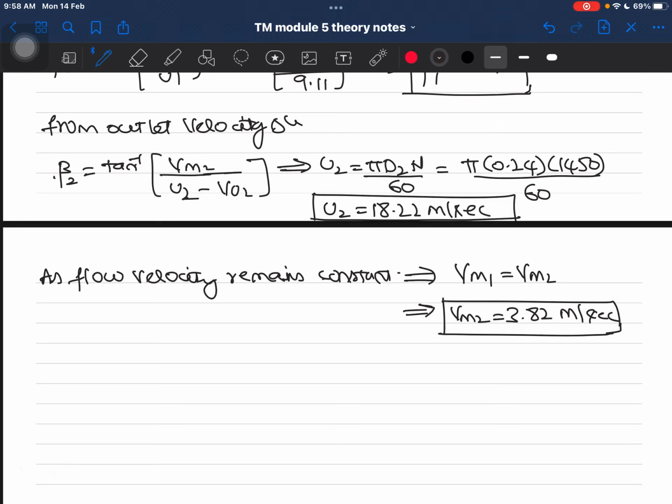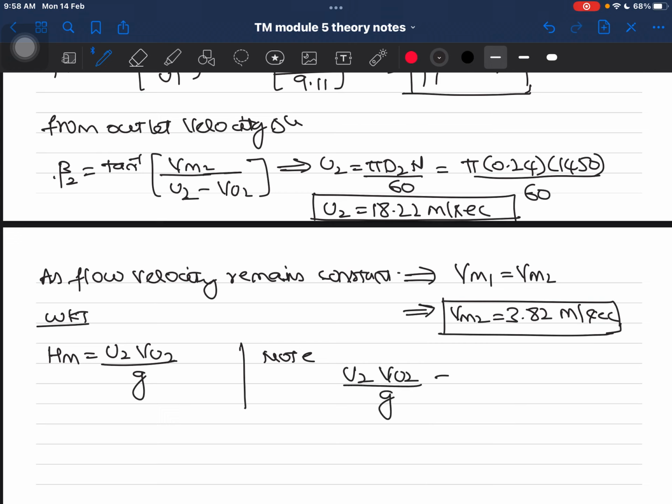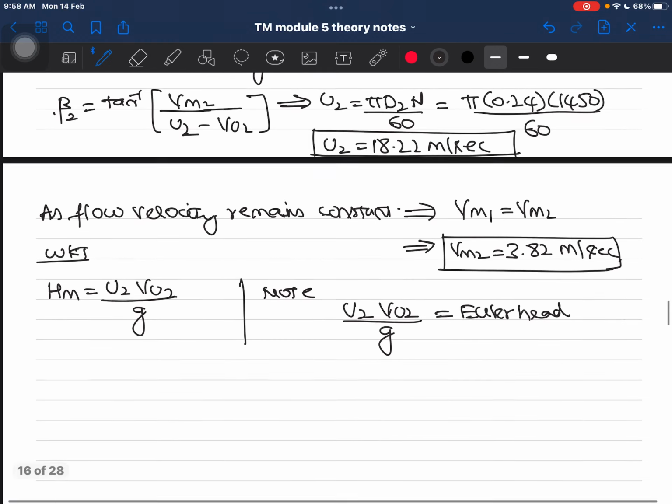For that, we will have the manometric head equal to U2 Vu2 divided by g. Kindly note that the value of U2 Vu2 divided by g is called Euler's head, and this Euler's head plus friction head would be equal to the manometric head.